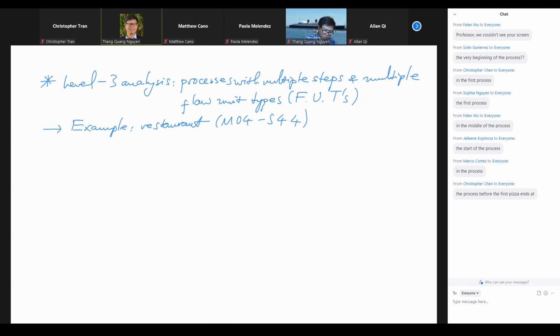So we have 3 different products, and that's why in this case we have 3 different flow unit types.